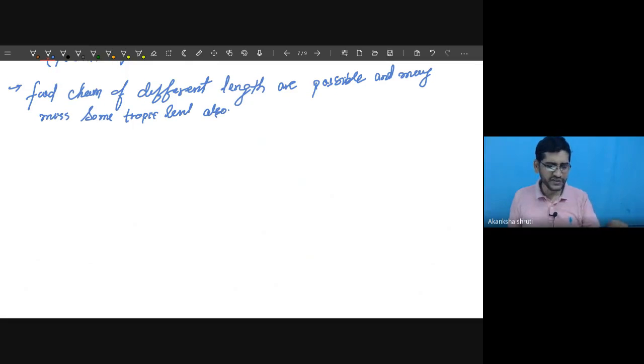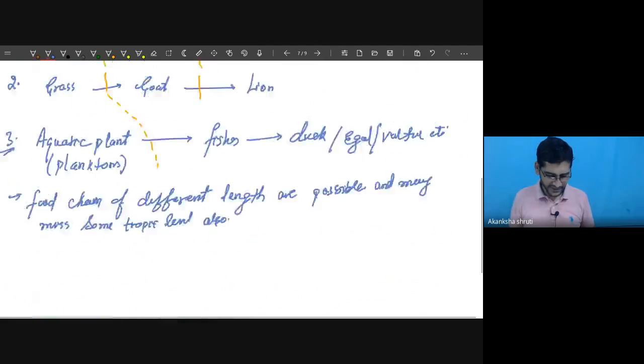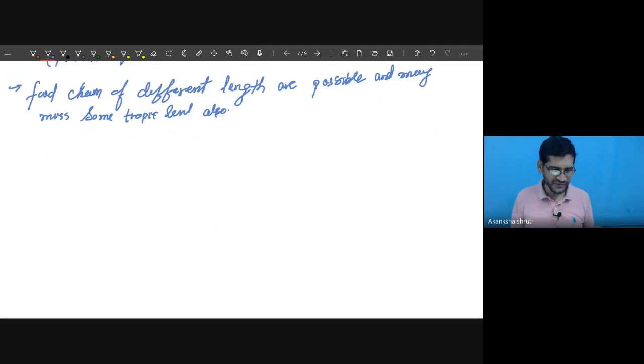So how to represent all this? Students, I had explained trophic levels there. Based on the category of their food intake, particular organisms are placed in one particular trophic level.